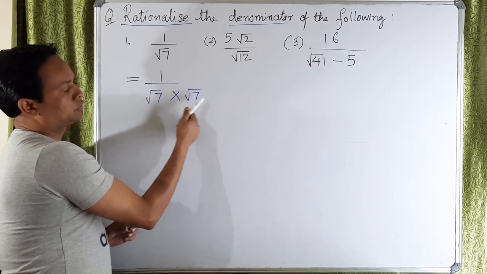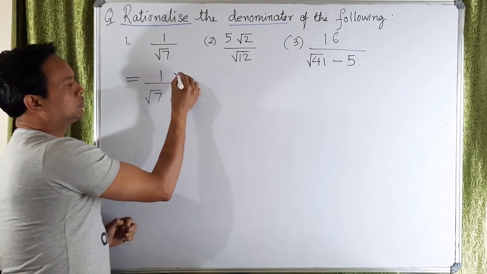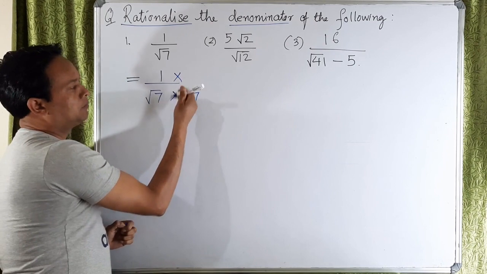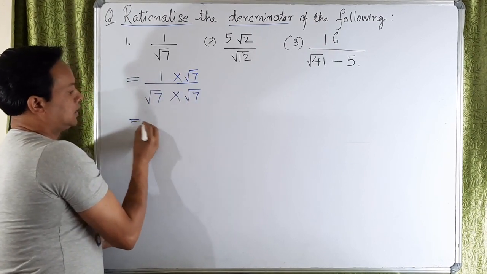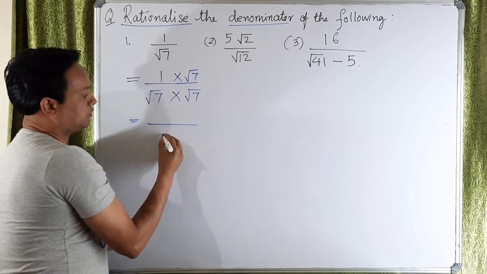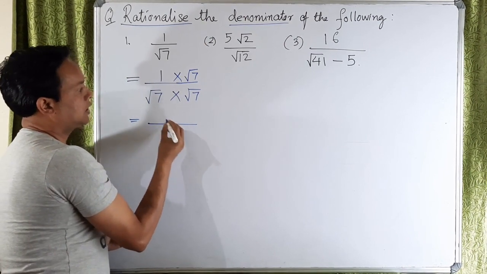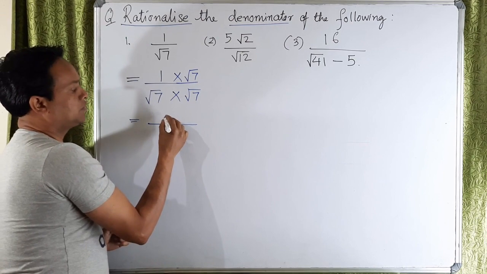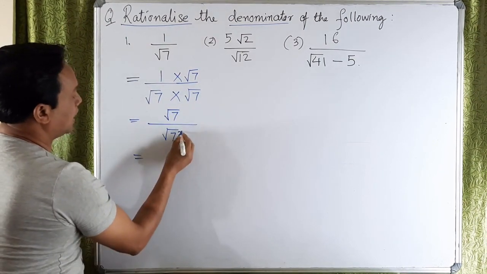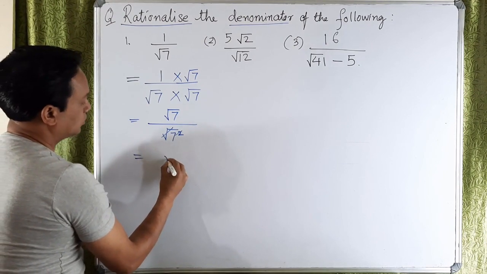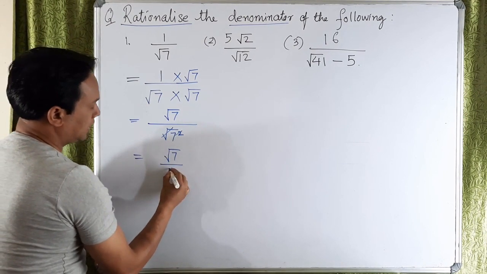Square root will cancel. So since we are multiplying here by root 7, we will multiply here also by root 7. Now, root 7 into root 7 becomes root 7 square. And this one, root 7, you can just write root 7 here. So, this square and square root will cancel. So, the answer will be root 7 by 7.